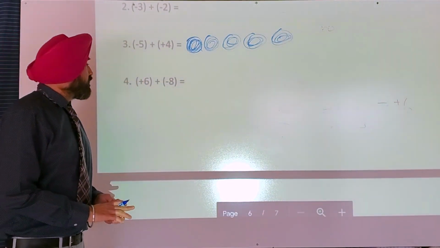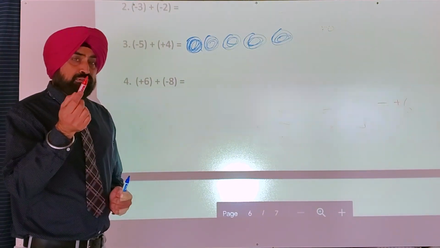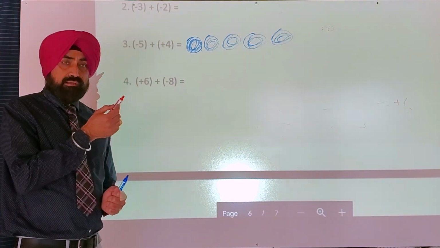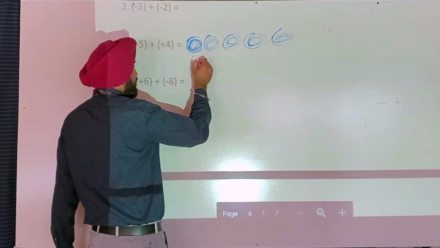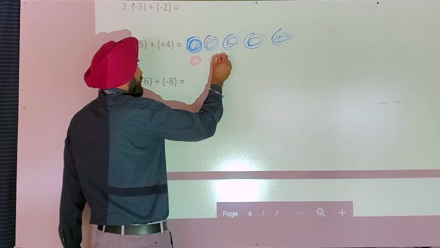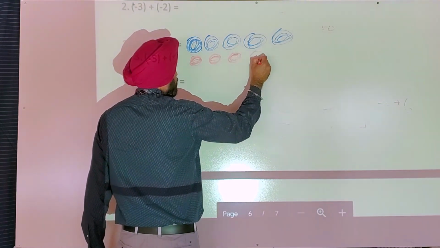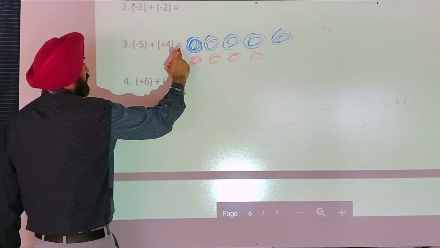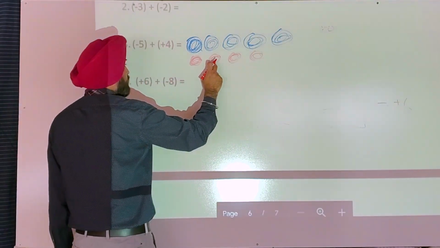Now we need positive 4. So what I will do now, I will put these positive 4 under the blue chips. So I'll put positive 1, 2, 3, 4. So these are negative 5, 1, 2, 3, 4 blue chips. And this is positive 4, 1, 2, 3, 4.